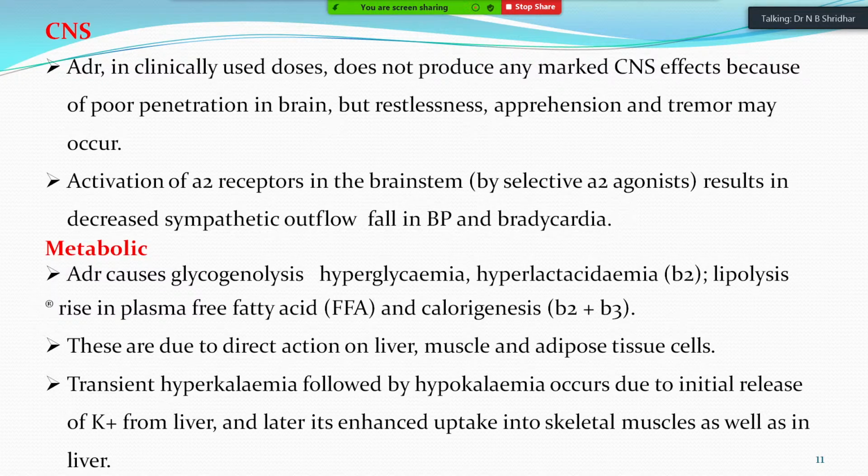As a catecholamine, it is not going to pass. Exogenously administered adrenaline is not going to pass the blood-brain barrier, whereas endogenously, definitely there is action.